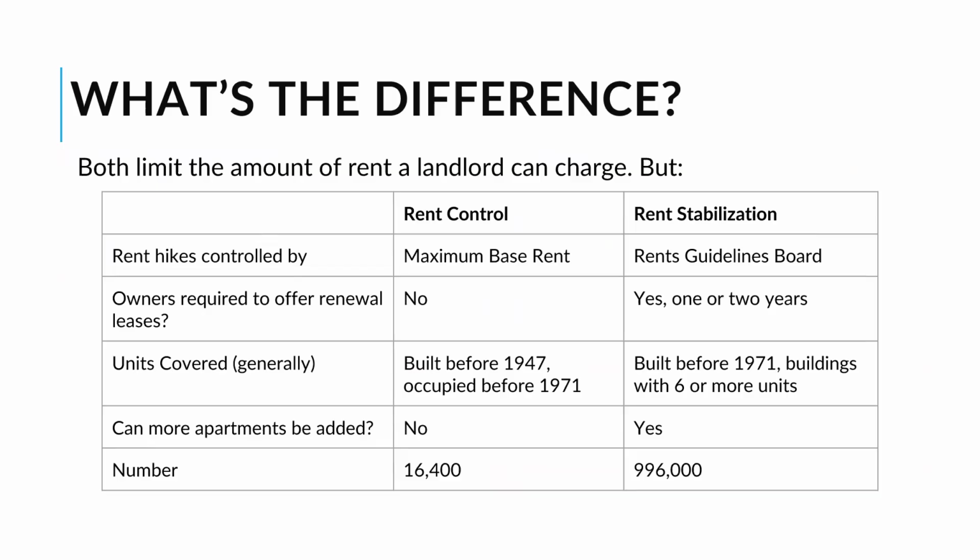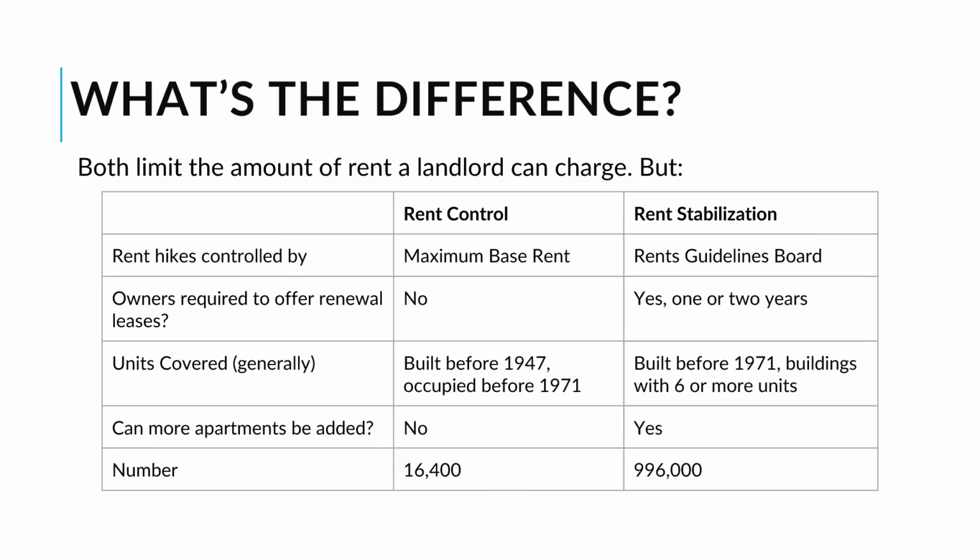And generally, while rent control is kind of fixed, the number of apartments just slowly decreasing, with rent stabilization, more apartments can be added. Sometimes it's through rent control, but given the small number of rent control apartments that are out now, usually when apartments are added through rent stabilization, it's because a certain tax credit has run out.